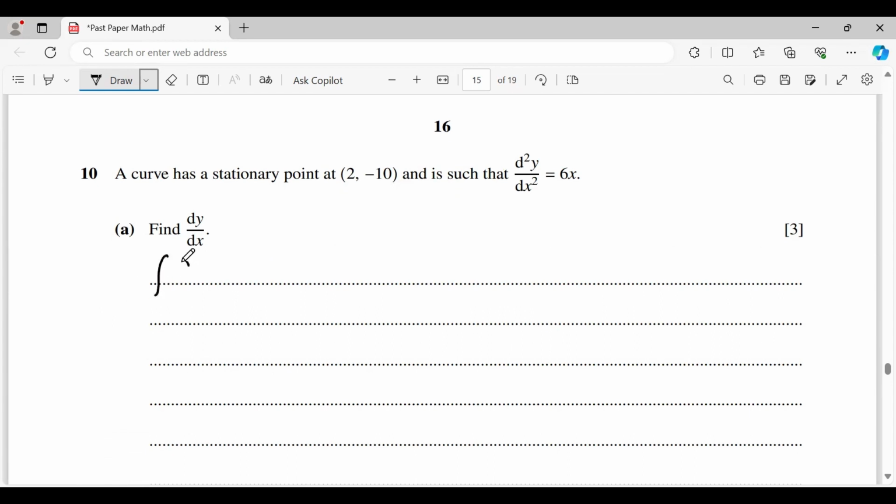So integral of d2y/dx2 equals integral 6x. So dy/dx equals 3x squared plus c.